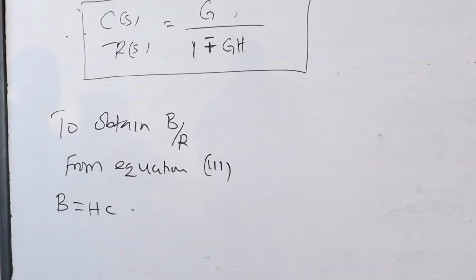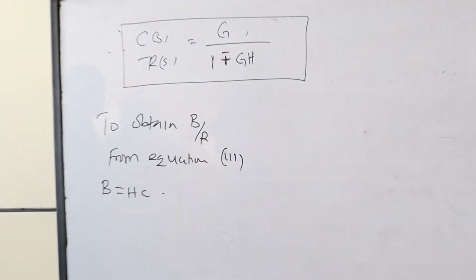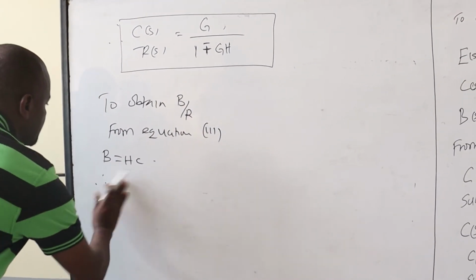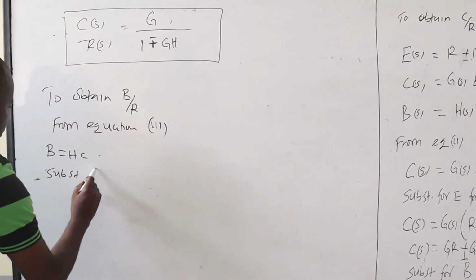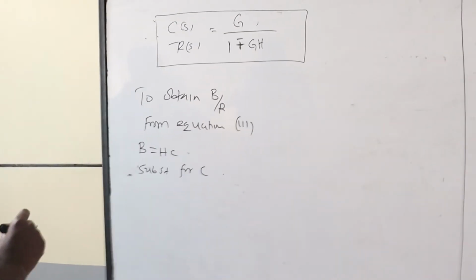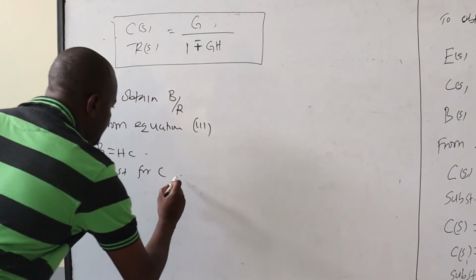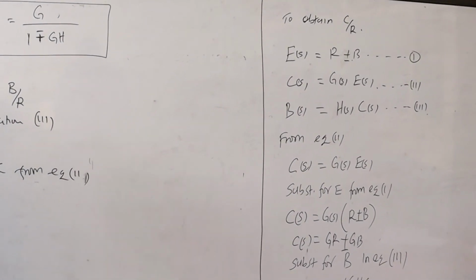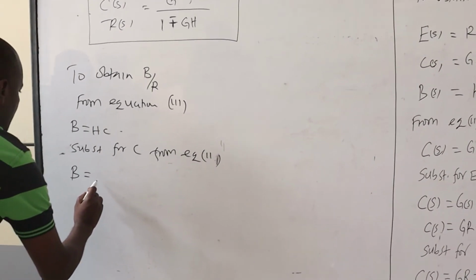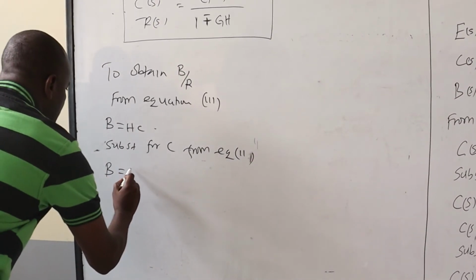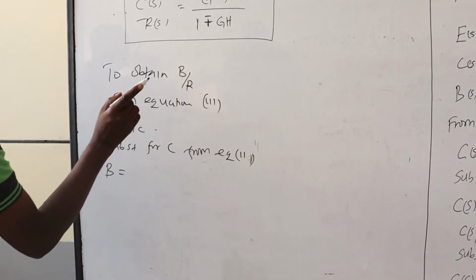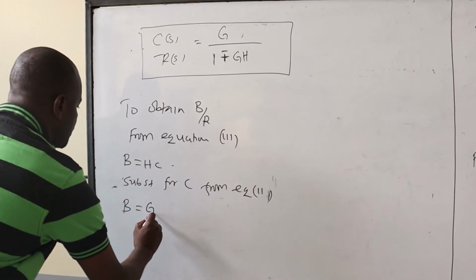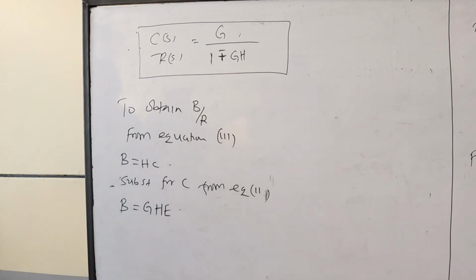So if B is equal to HC, we know what C is, so substituting for C from equation 2, we are going to say B is equal to H, and C is GE, so that is GHE.